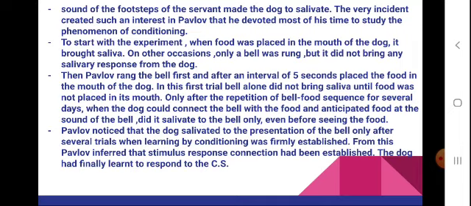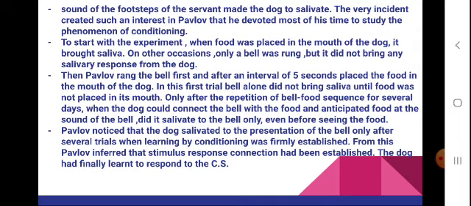To start with the experiment, when food was placed in the mouth of the dog, it brought saliva. On other occasions, only a bell was rung, but it did not bring any salivary response from the dog. Then Pavlov rang the bell first, and after an interval of 5 seconds, placed the food in the mouth of the dog. In this first trial bell alone did not bring saliva until food was placed in its mouth.